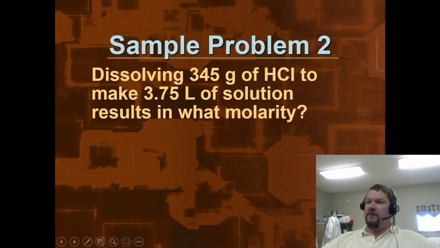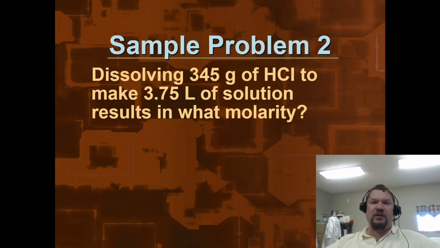If we dissolve 345 grams of hydrochloric acid to make 3.75 liters of solution, this is going to result in what kind of molarity? Now, to start out with, it's in grams. For us to do molarity, we need moles of solute and liters of solution. Moles over liters. We've got the liters, but we don't have the moles.